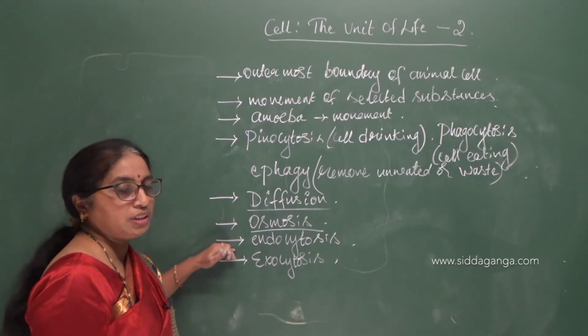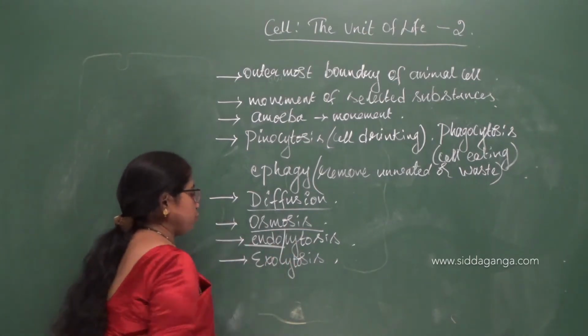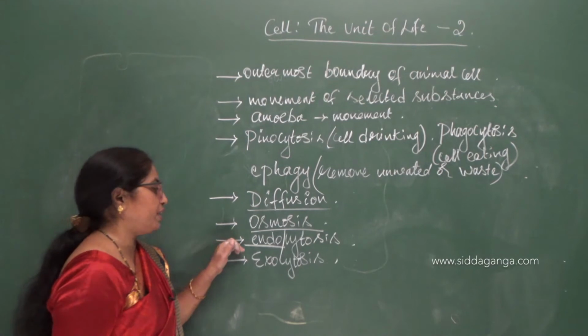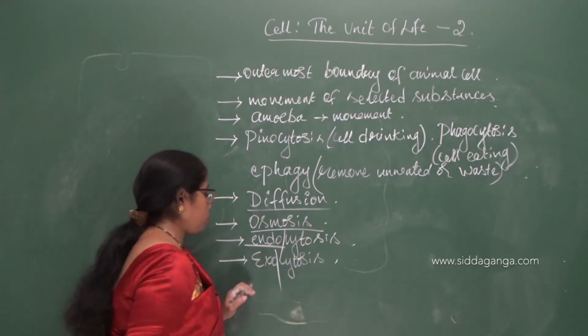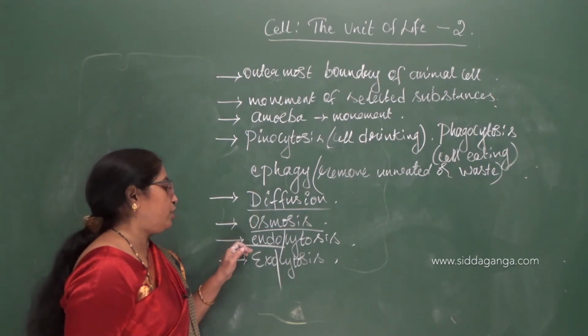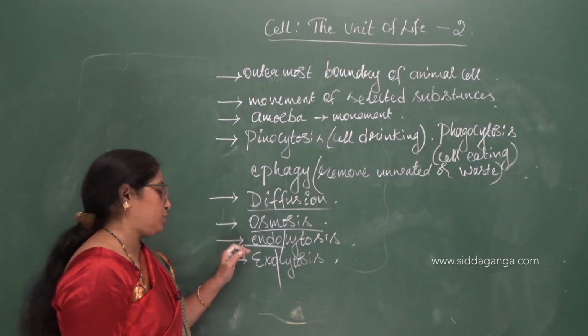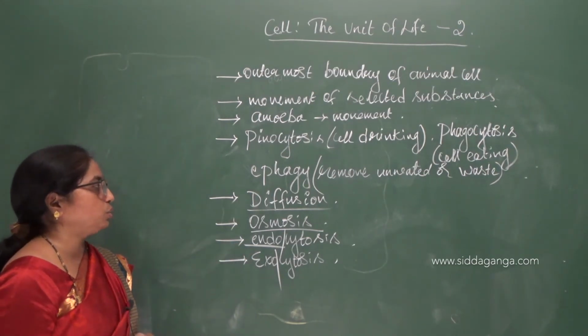Endocytosis is movement of molecules inside the cell. Endo always stands for inward movement and cyto always stands for the cell. Exo means outside and cyto means cell. So movement of molecules into the cell is endocytosis. Movement of molecules outside the cell you call exocytosis.